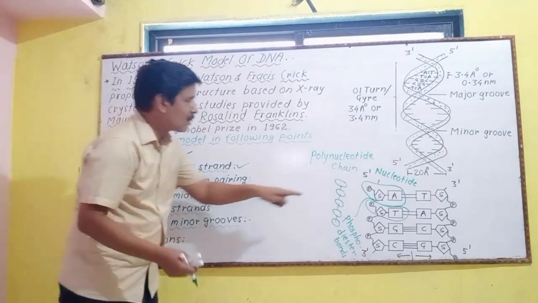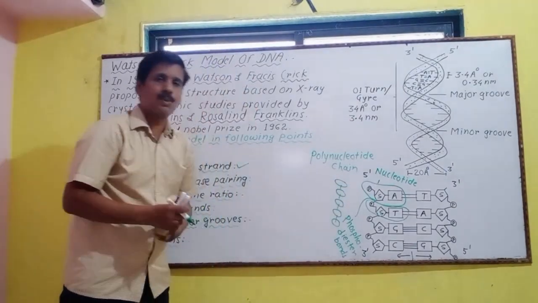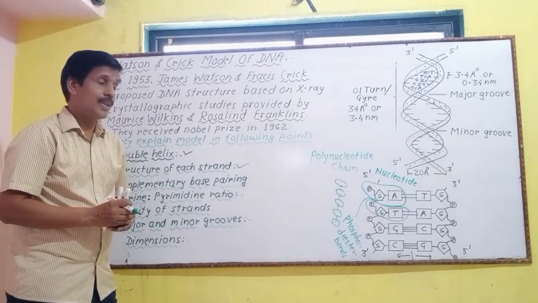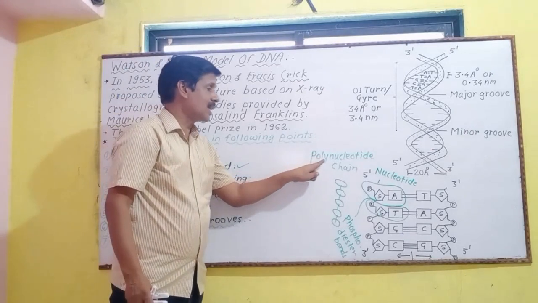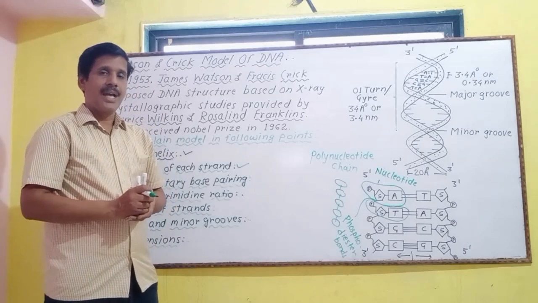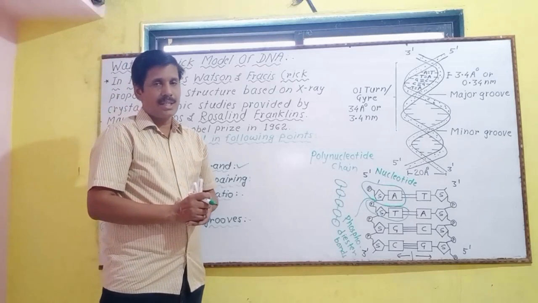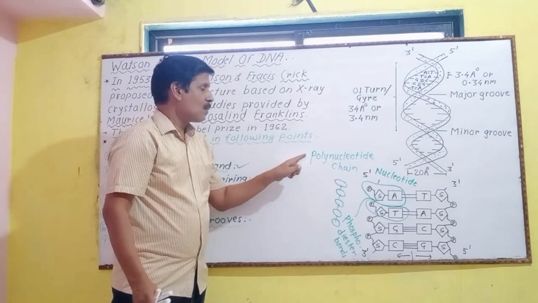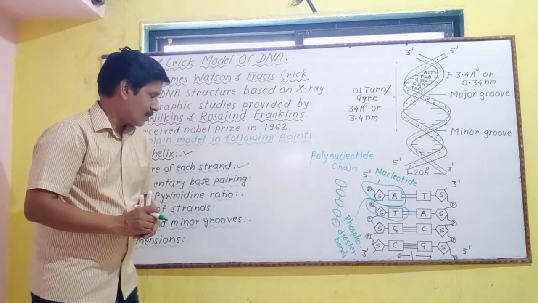The adjacent nucleotides are joined together with the help of phosphodiester bonds, forming a long chain called the polynucleotide chain, and the strand is called a polynucleotide strand. As the DNA is double-stranded, two polynucleotide strands are present.